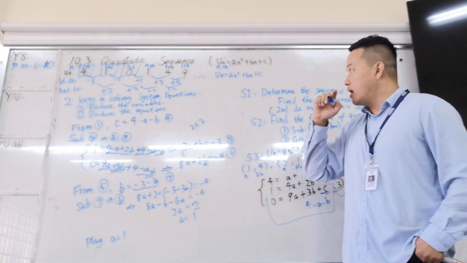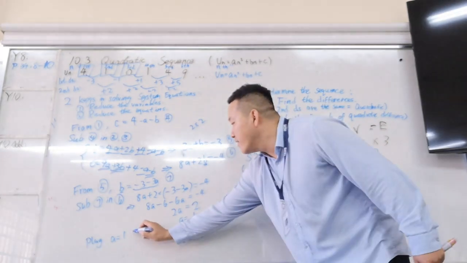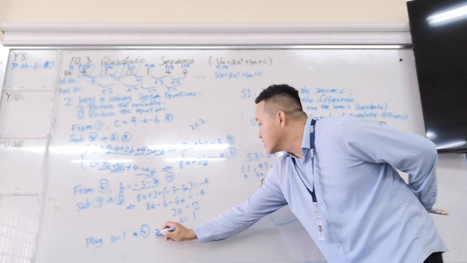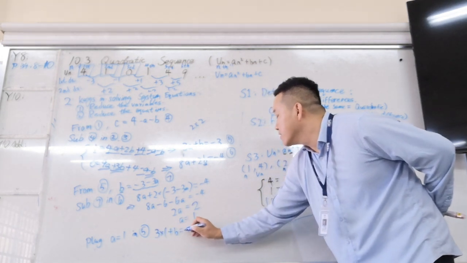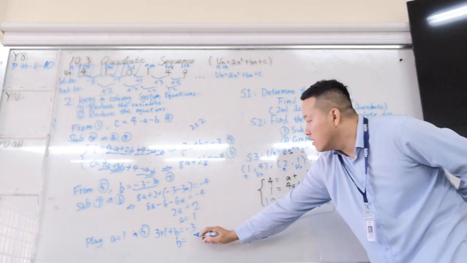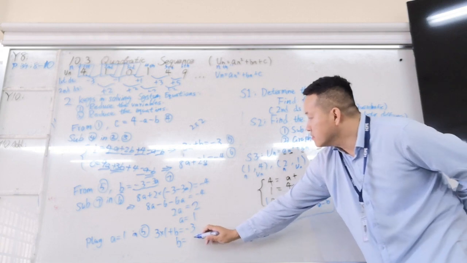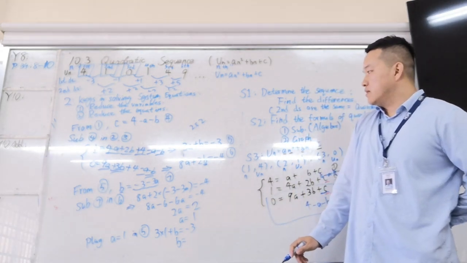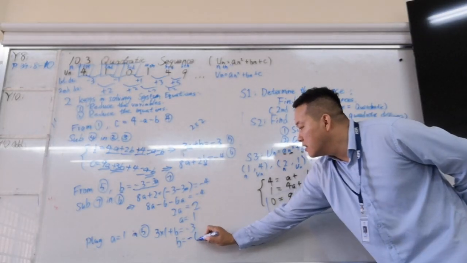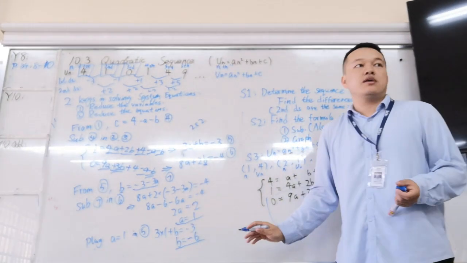In 5. That's why we need the numbers. In 5 you have the equation 3 times 1 plus B equals negative 3. B is minus 6. Yes, minus 6.